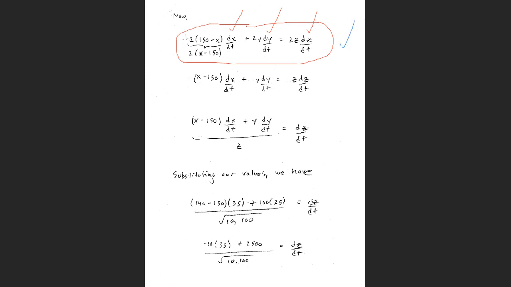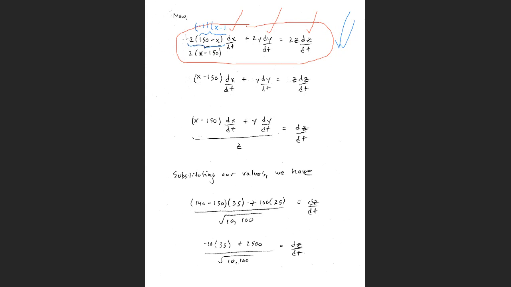But I could also divide through this equation by 2, and write the first factor as 2 times (x minus 150). 150 minus x is the same as negative 1 times (x minus 150).